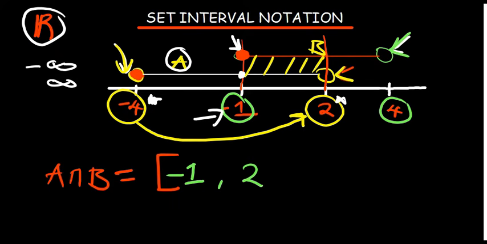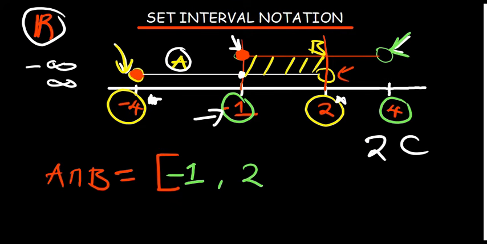So therefore, A does not have 2. So 2 is not a member of what? A. What about B? Notice that 2 lies between -1 and 4.